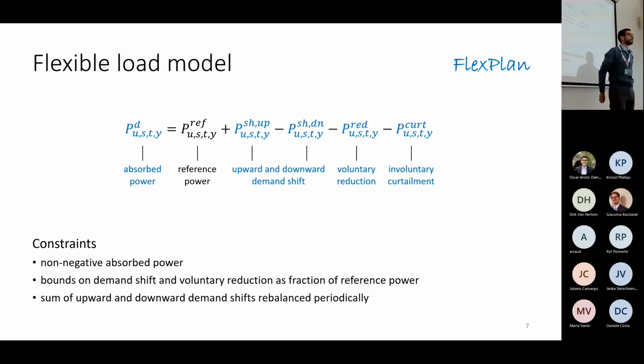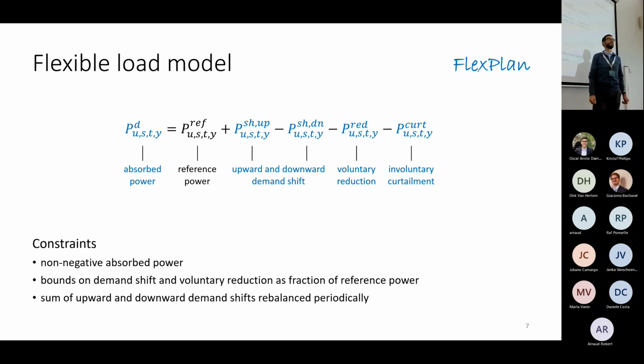What is the difference between these two? Sorry, I mean demand shift versus voluntary reduction. Sorry, could you repeat? The difference between these two, shifting the demand or voluntary reduction? Okay, yeah, the only difference is the direction. Upward demand shift means that the load will absorb more than expected, and downward the load will absorb less.